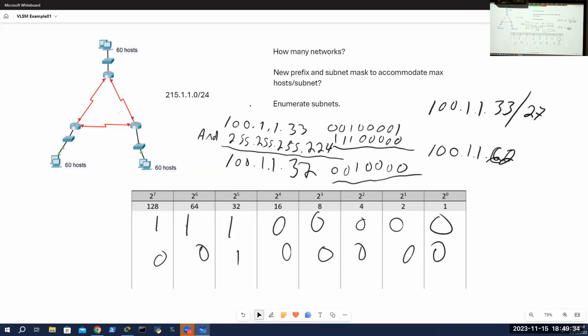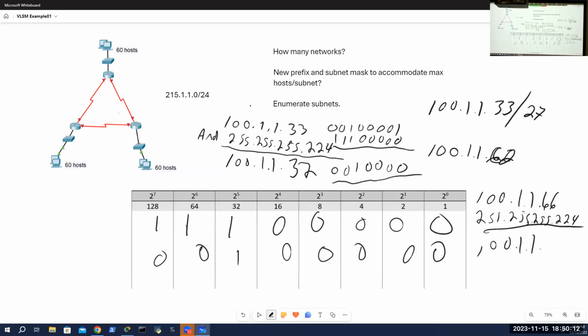Okay, so if you do that binary AND, then whenever the computer needs to talk to the default gateway, which originally I had as 100.1.1.66, it does the same binary AND with 255.255.255.224, and you end up with 100.1.1.